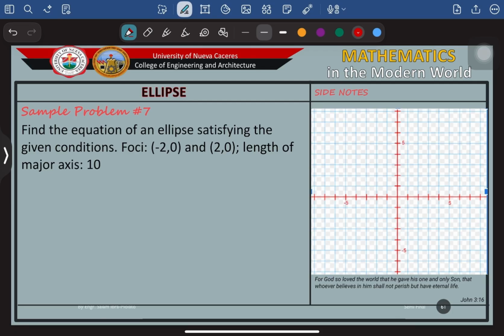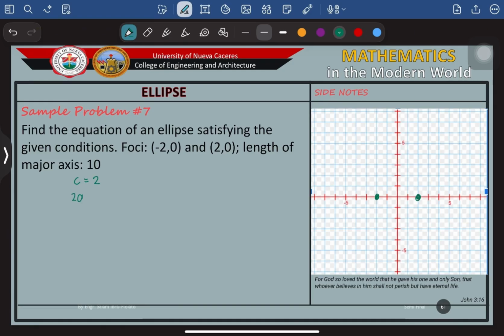To plot the foci, (-2, 0) and (2, 0), each is 2 units away from the center. So C, the distance from the center to one of the foci, is equal to 2.